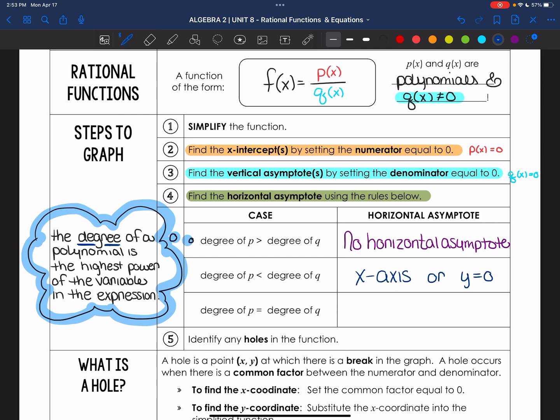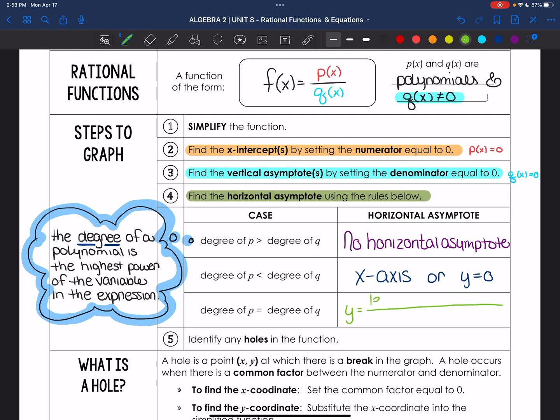If, however, the degree of your numerator's polynomial p and the degree of your denominator's polynomial are in fact the same, then we're going to have a really unique asymptote. It is going to be as follows.